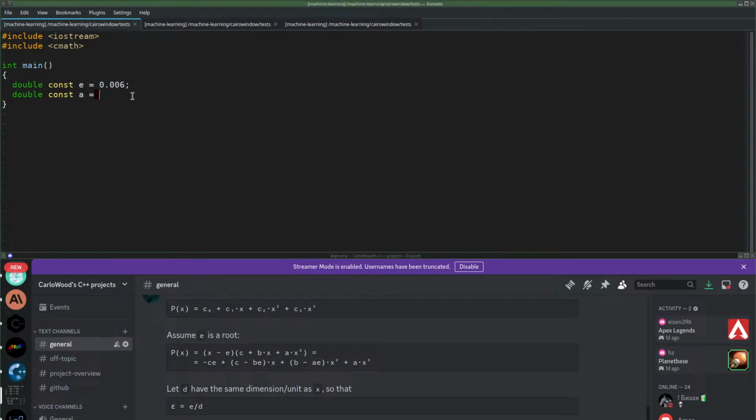So I'm going to find some A. That doesn't all matter. Anything would work, I guess. Oh wait, actually A should be pretty small. B could be, let's take a negative number, 3.2, double const. Okay, C is, I don't know, 1. Now maybe 1 is too confusing.